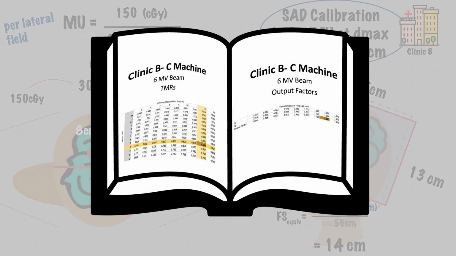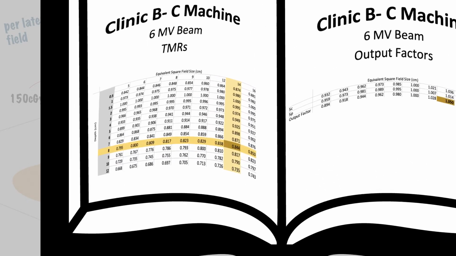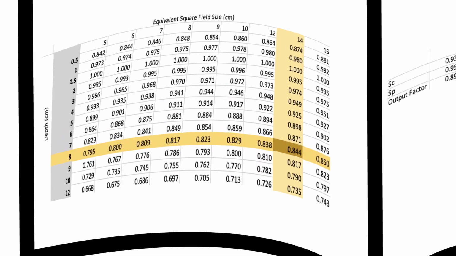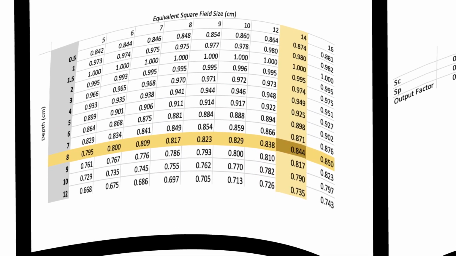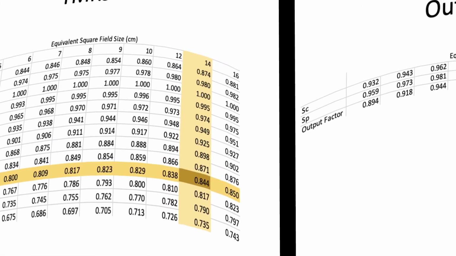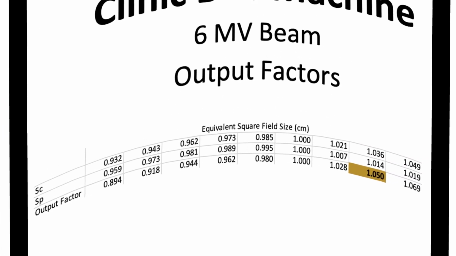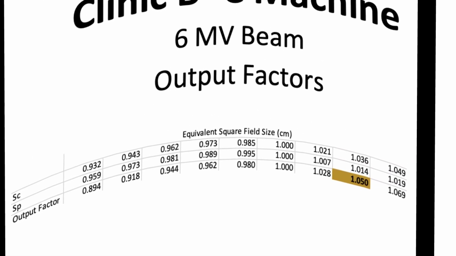For TMR, we find the cell corresponding to our depth and our equivalent square size, which is 0.844. And for the output factor, we just need to find the cell corresponding to our equivalent square field size, which is 1.05. Note that here the output factor is larger than 1 because field size is larger than 10 by 10 centimeters.